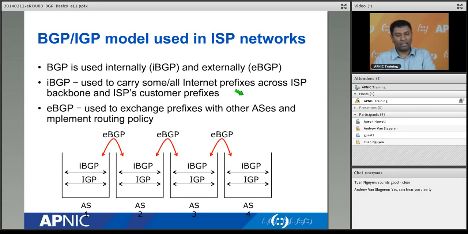And when it goes to the other side, iBGP will ensure the router that collected the prefix is reachable, and the loopback will be reachable via IGP. So that's what a service provider or ISP network needs: IGP, iBGP, and eBGP all together. All right. Any questions on this one?